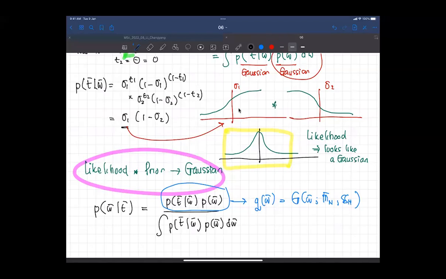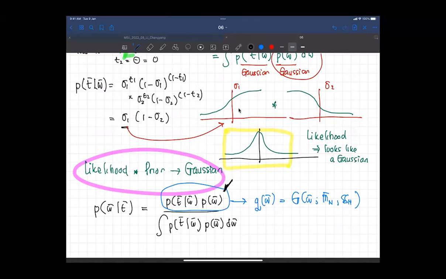And of course, if this approximation is very different from the original function, it will be a bad approximation. But if the approximation is very close to the original function, then it's a good approximation. So you need to be careful in practice when using this kind of technique, a Gaussian approximation approach.